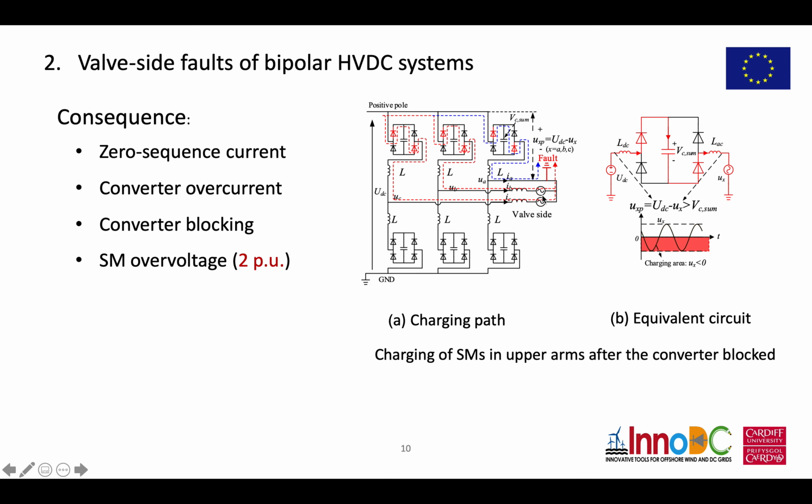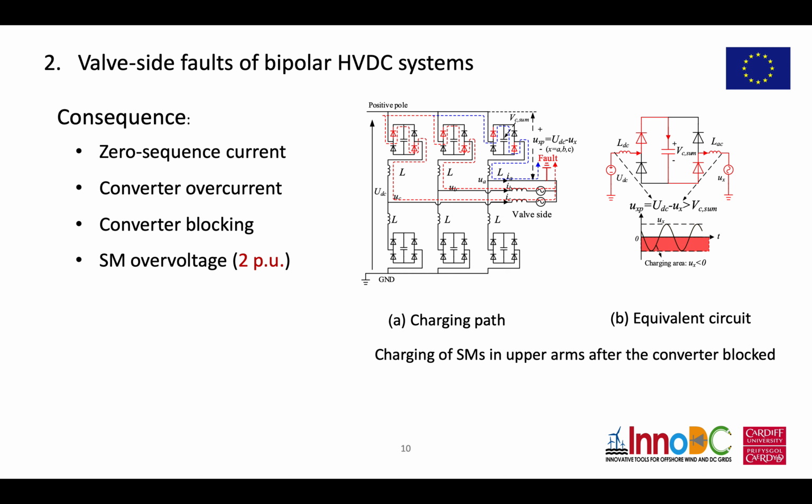One of the consequences is that if a fault happens at the valve side, it will create a zero sequence path for the MMC converter. It will result in a very large zero sequence current, which will cause the MMC converter to be blocked.